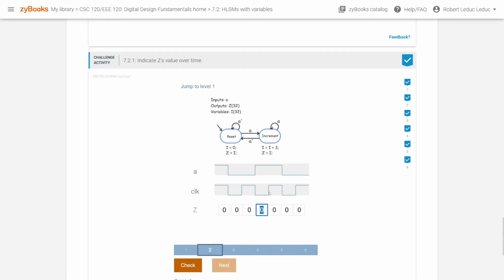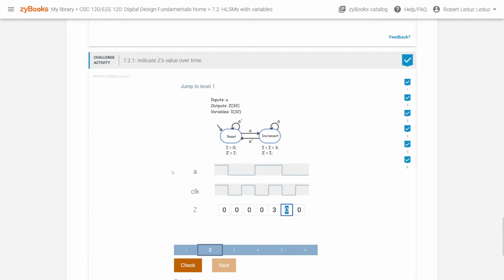For the next rising edge of the clock cycle, the value of A is 1. And according to the diagram, when A is 1, we will transition from the reset state to the increment state. And in the increment state, we will increment the value of variable I by 3. And since Z is equal to I, the value of output Z will be 3.